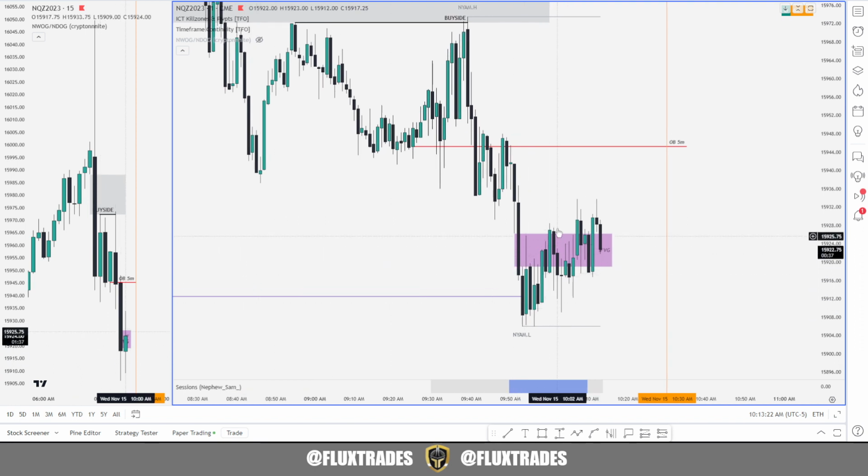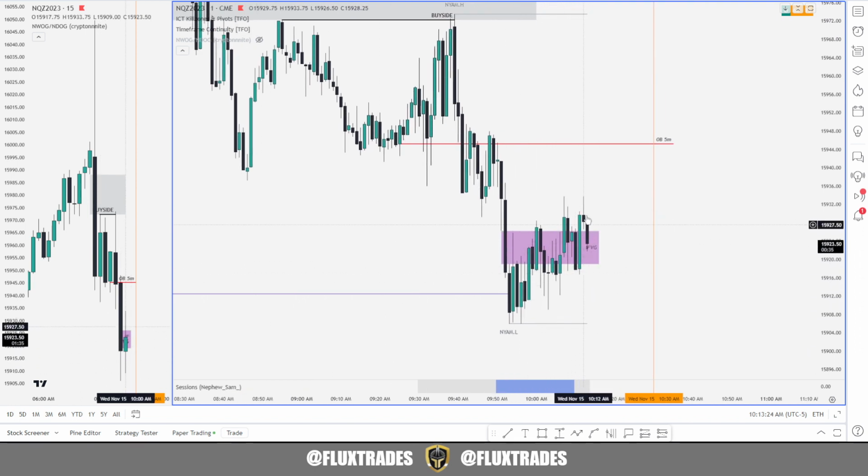Looks to me like a high resistance liquidity run. A lot of sell side accumulating. Very rough price action. Just upper trace, upper trace, upper trace, like we saw 2 days ago.